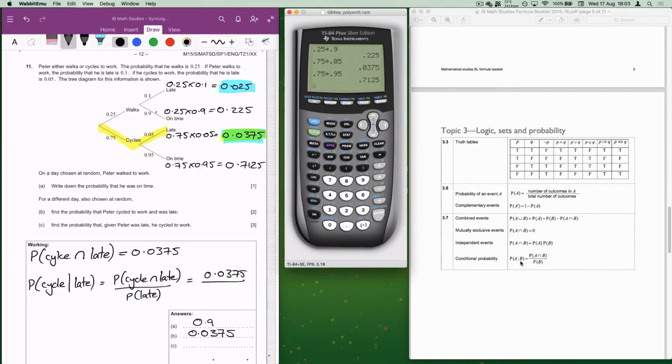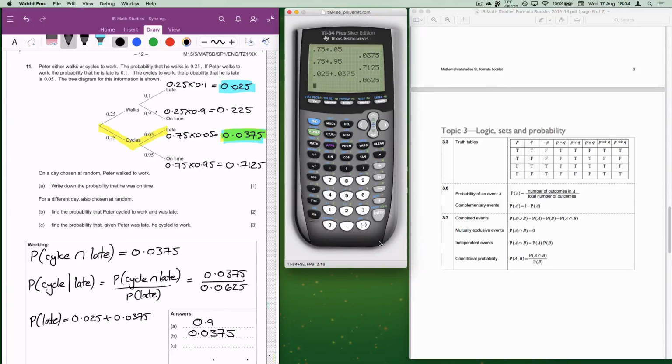So the probability of late is equal to 0.025 plus 0.0375. So let's add them together. 0.025 plus 0.0375, and that is 0.0625.